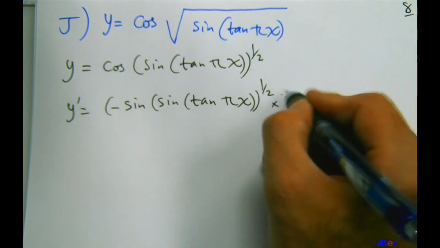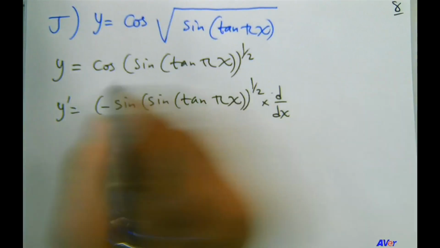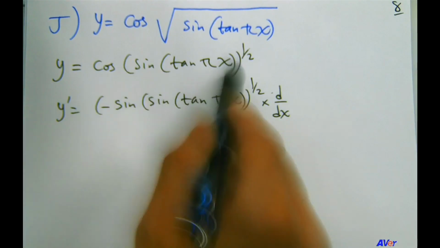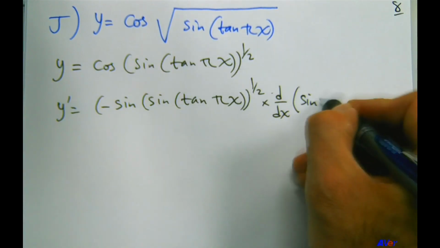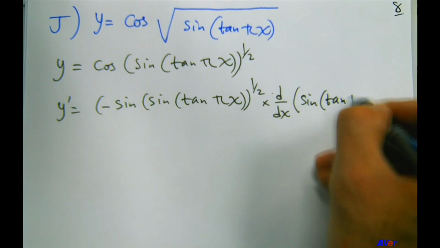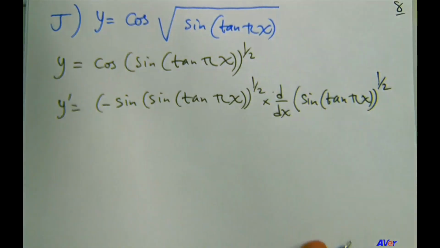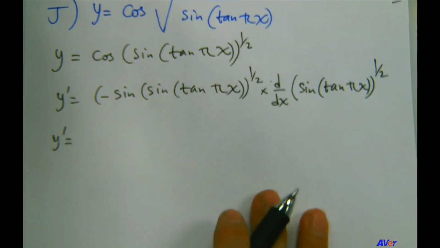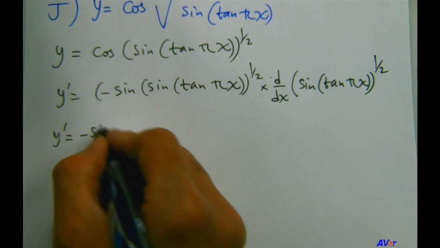It's easier to show the chain rule this way. d dx of the inside of all of this piece, so d dx of sine of tangent pi x to the 1/2. Okay, that's better.